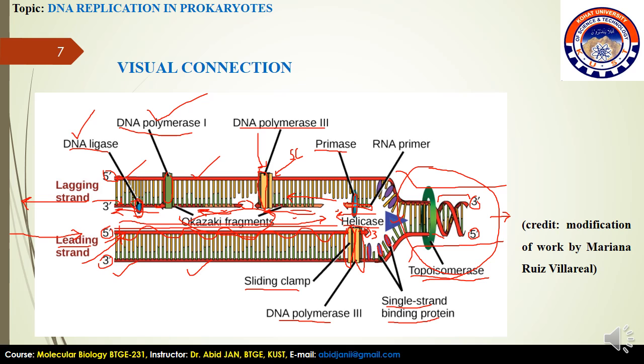Once the chromosome has been completely replicated, the two DNA copies move into two different cells during cell division.